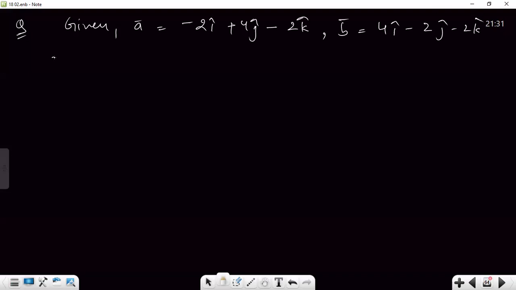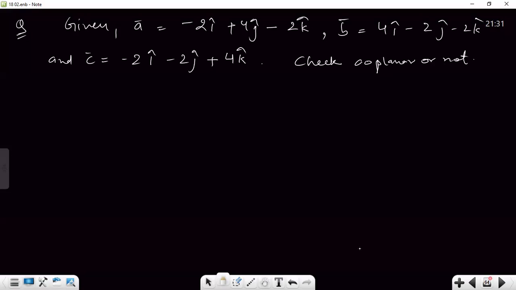And C vector: minus of 2i cap minus 2j cap plus 4k cap. Check whether these are coplanar or not.